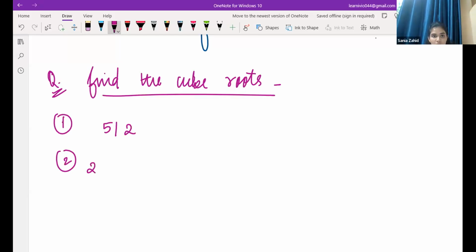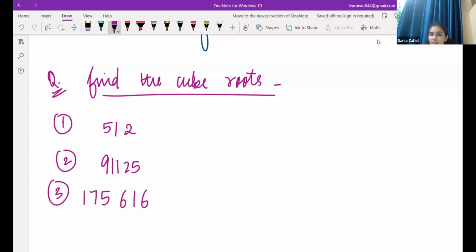Second is 27, which we discussed. Second is 91125. Third is 175616.